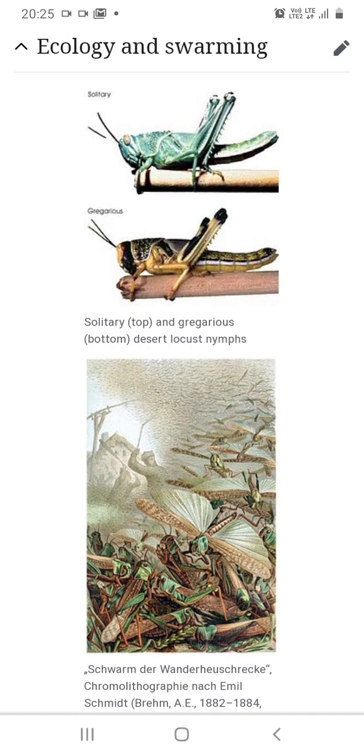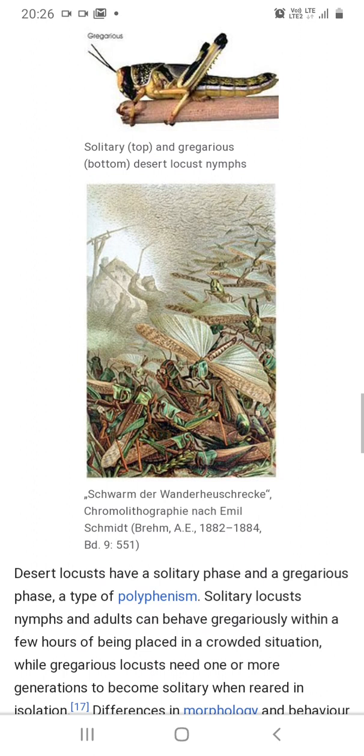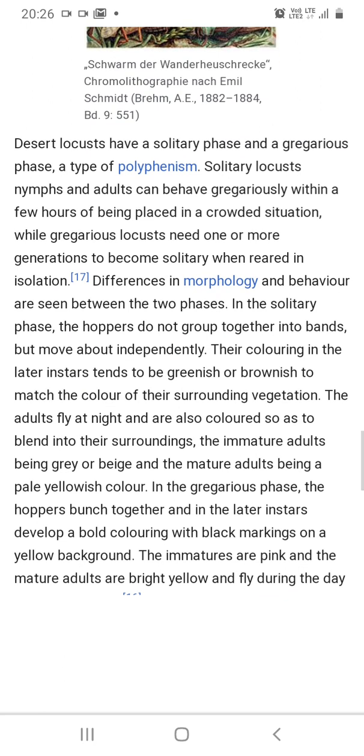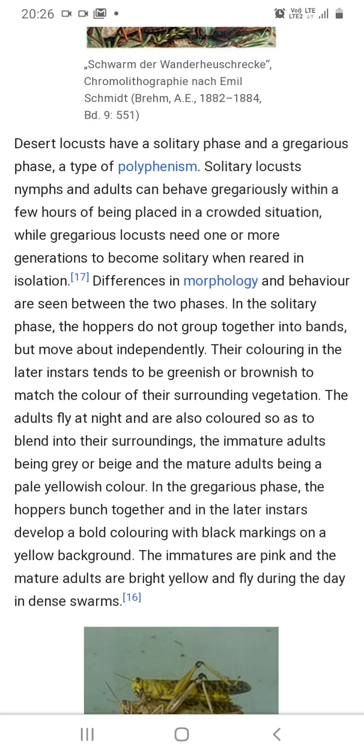That is, after acquiring 5 to 6 molts, a nymph becomes an adult. And in adult life, it lives a solitary life, and due to some physiological and external cues, the solitary locust becomes a gregarious type.